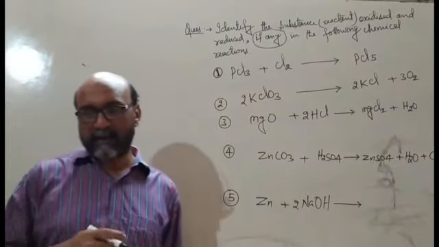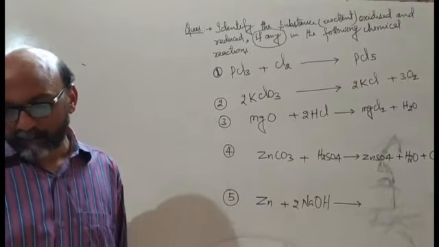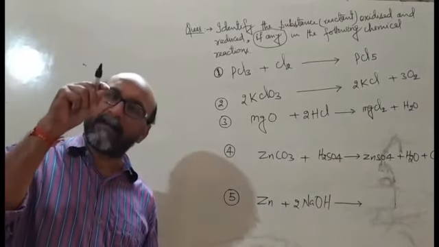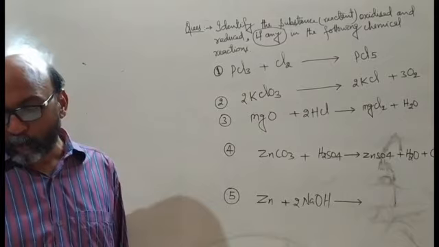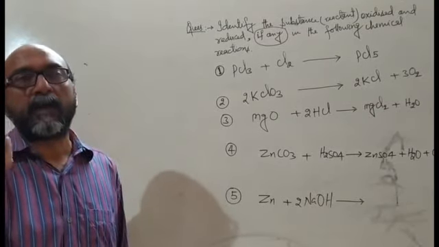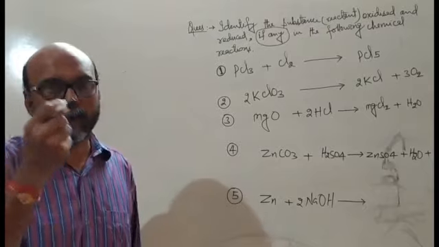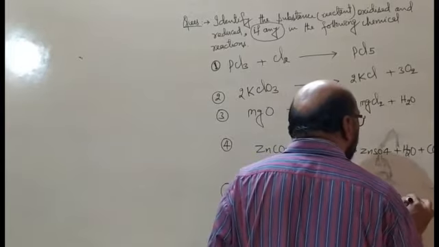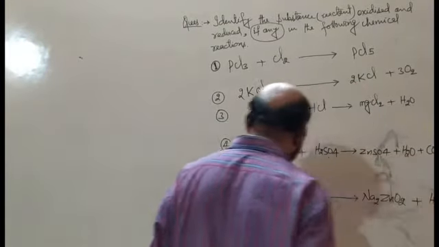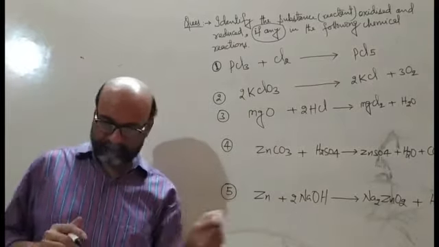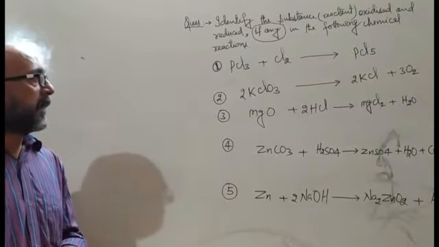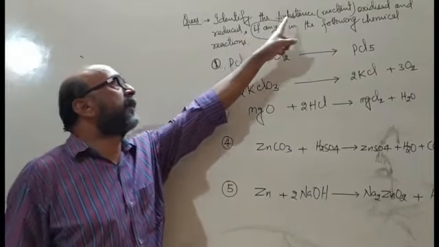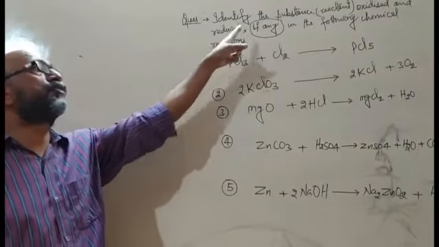When zinc metal reacts with alkali solution, sodium hydroxide, it forms sodium zincate, Na2ZnO2, along with the liberation of hydrogen gas. Na2ZnO2 plus H2. Right? These are 5 reactions given, and in these reactions we have to identify the reactant oxidized and reduced, if any.